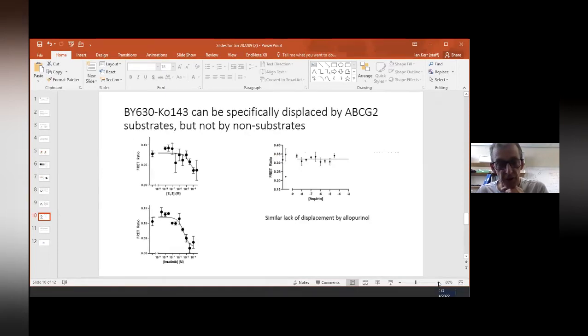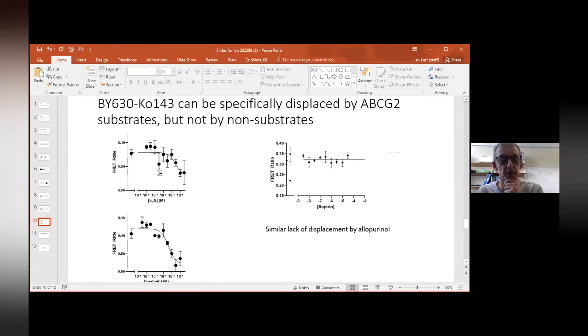I'm going to just zoom my screen a little bit because otherwise I can't see my own data, to show here that we can displace our fluorescent KO143 both with estrone sulfate and with imatinib. We can't displace it with a couple of compounds that we don't think G2 interacts with.